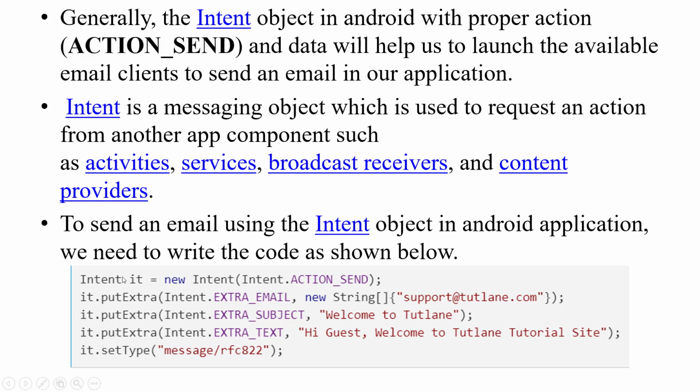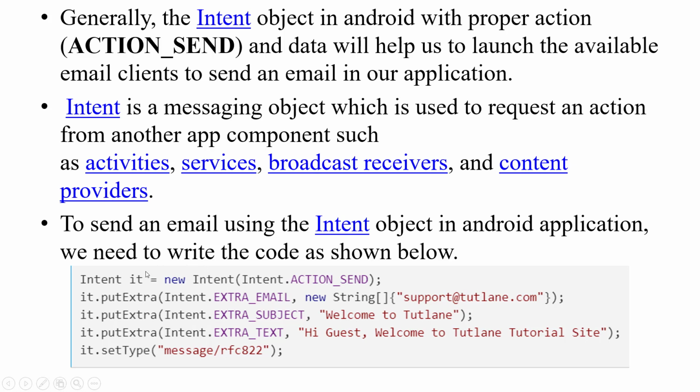On the intent object, we need to add these strings, that is extra email, subject and text, and we need to set the type of the message. We will understand one by one what these terms are.